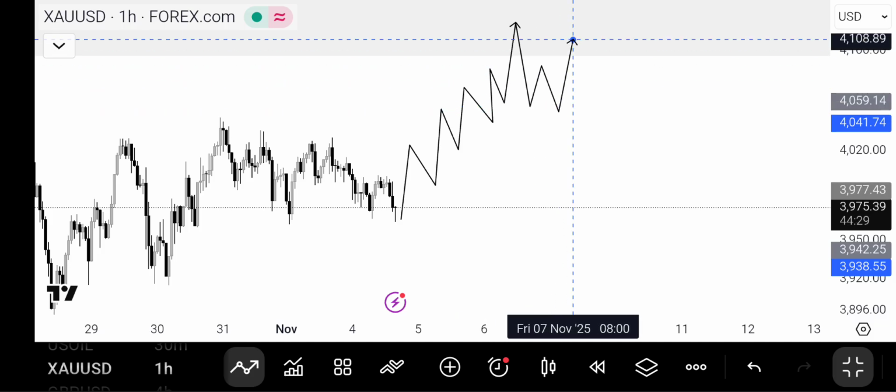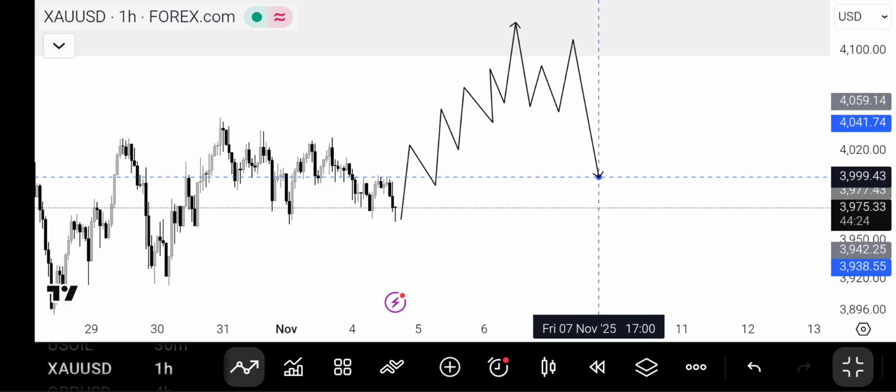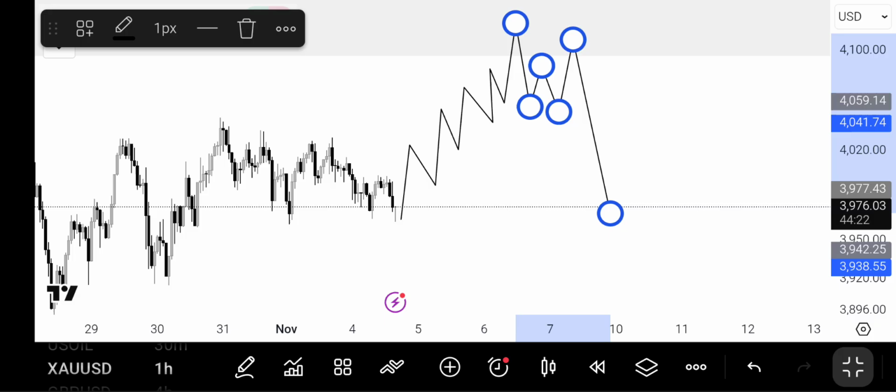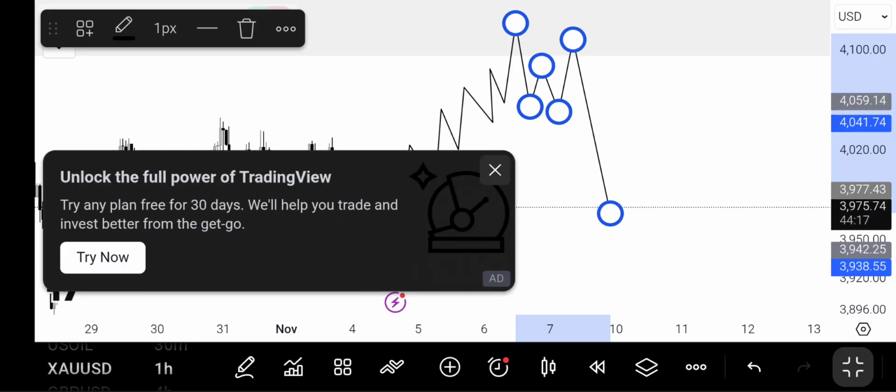Then I'll pick my trade from any lower time frame order block or breaker block to ride these sells. So this is another model of valid market structure shift.